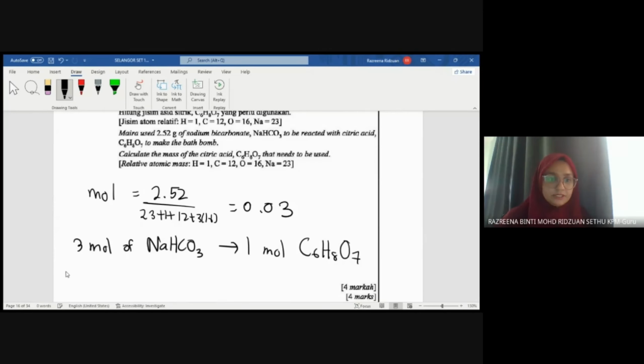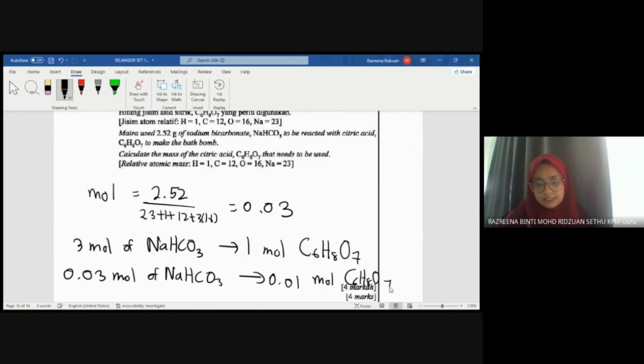But for this case, you have counted 0.03 mole of NaHCO3. So how many mole of this? If 3 to 1, so 0.03 to 0.01 mole of C6H8O7.